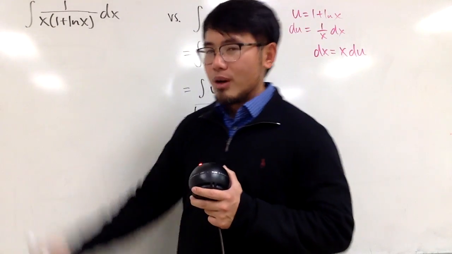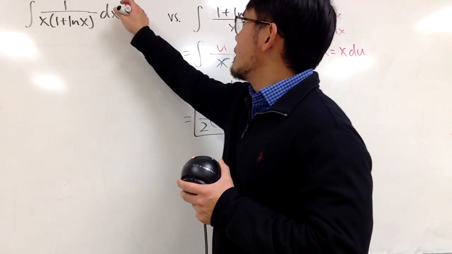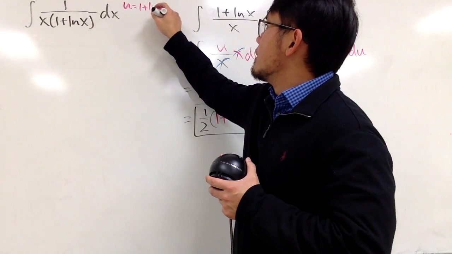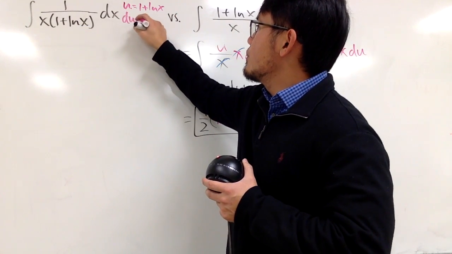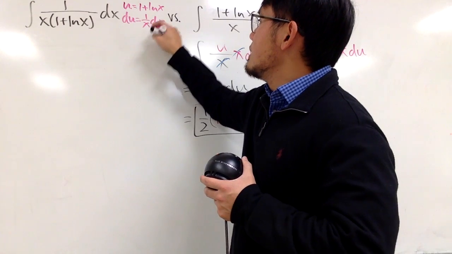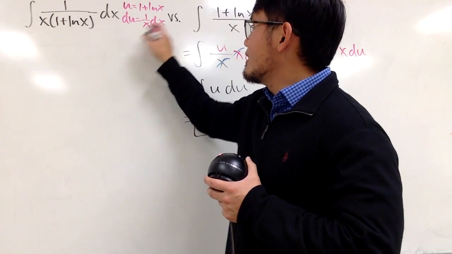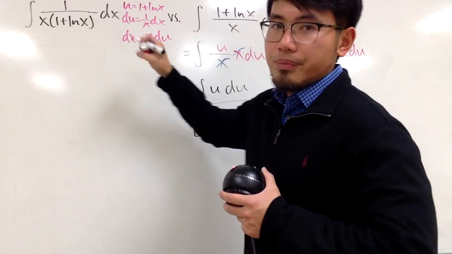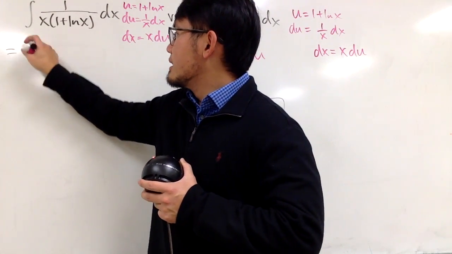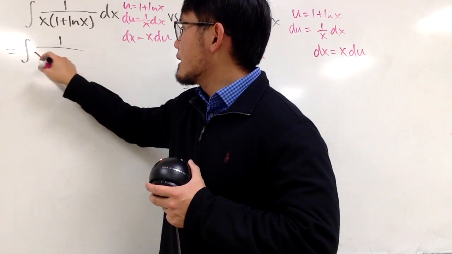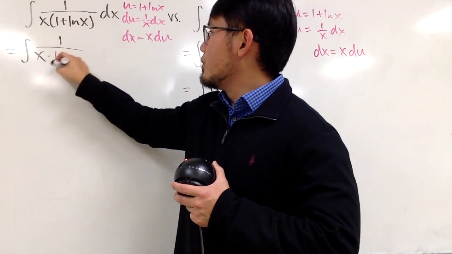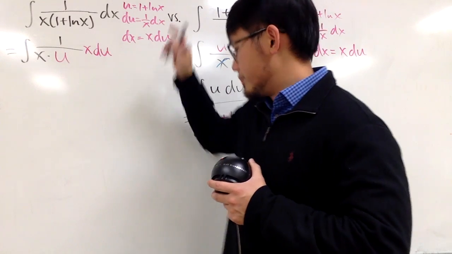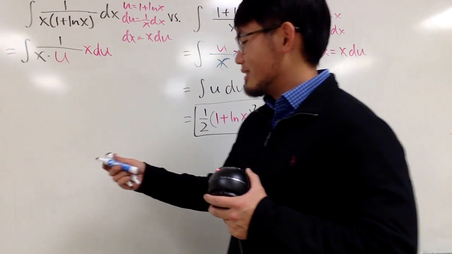Okay, for this one though, we do the same thing. So let's go ahead, let u equal to the whole parentheses, which is 1 plus natural log of x, and then du equals 1 over x dx, and then let's see the cancellation. We get dx equals x du. And from here we get integral 1 over x times u, and then the dx is this guy, which is x du. Still cancel things out, huh?